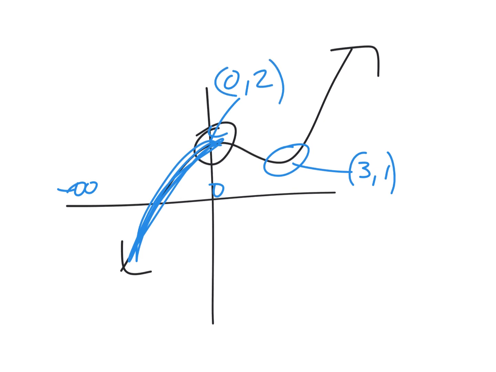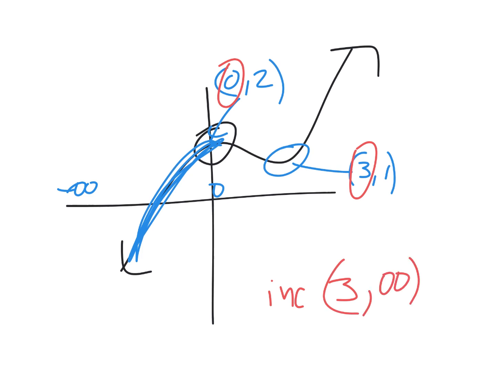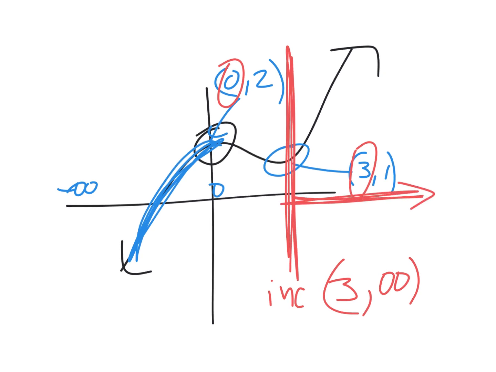Then it decreased from 0 to 3. Do you get how that makes sense? Okay, and then when did it start increasing again? At 3. So it increased from 3 to infinity, because from there over, it was increasing.